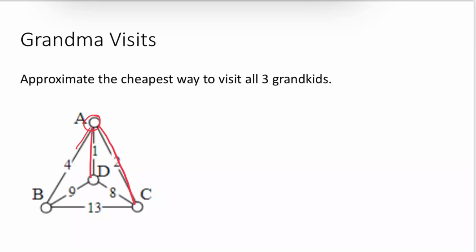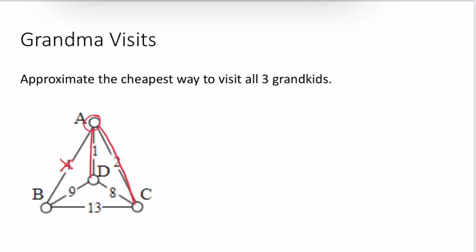And having a degree of 3 would make that not work because if I use that third edge, then I would have to go back into it. And I only want to visit each vertex once. So I'm not going to use this edge because that creates a degree of 3 on one of my vertices.